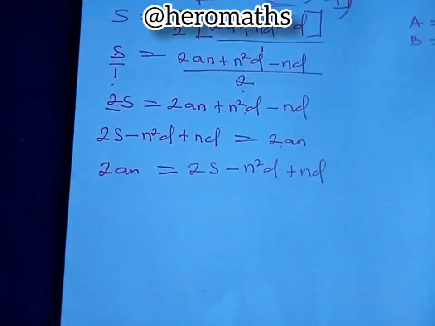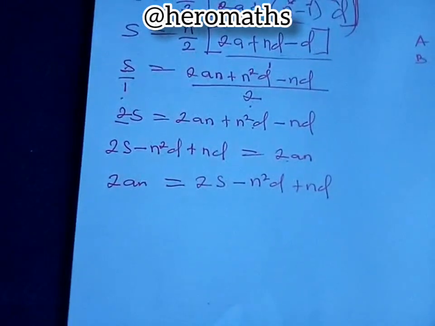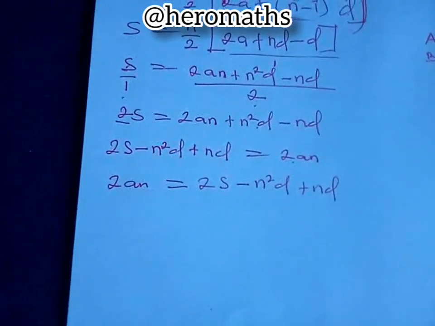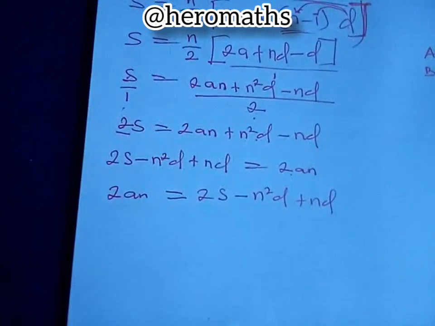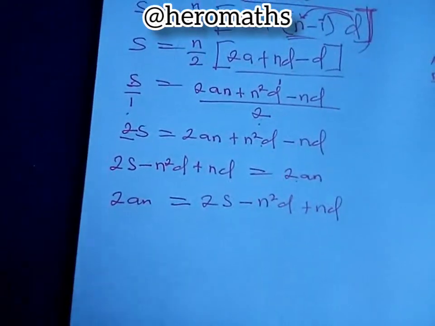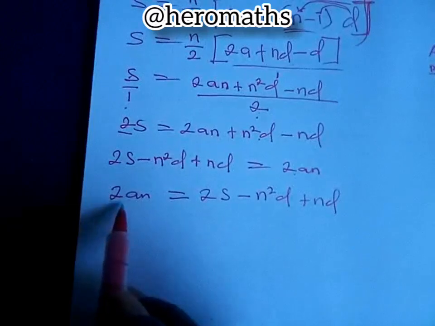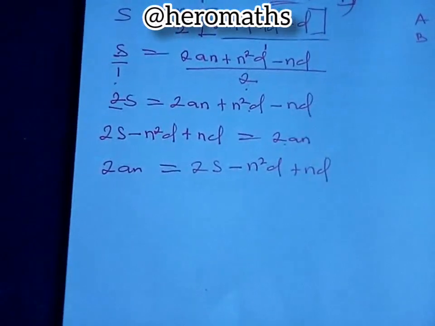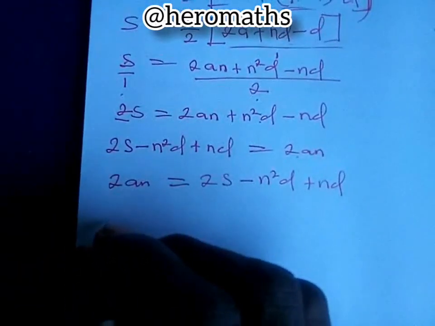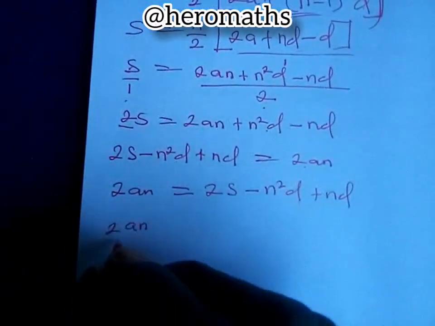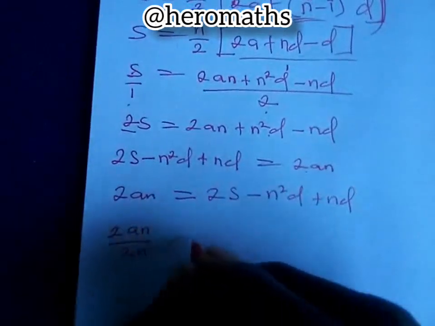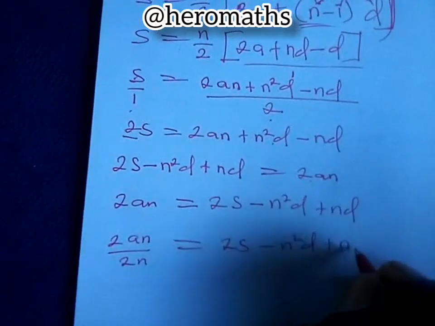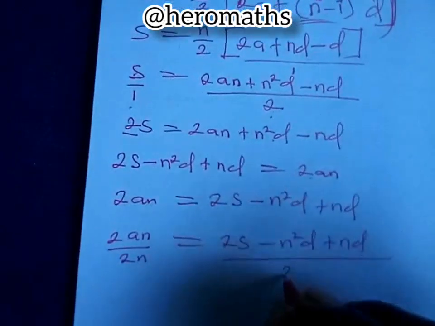But mind you, we are to make a the subject of the formula. So what we do here is, what is that thing that if it is removed here, a will stand on its own, which is 2n. So this will be 2an divided by 2n is equal to 2s minus n squared d plus nd divided by 2n.